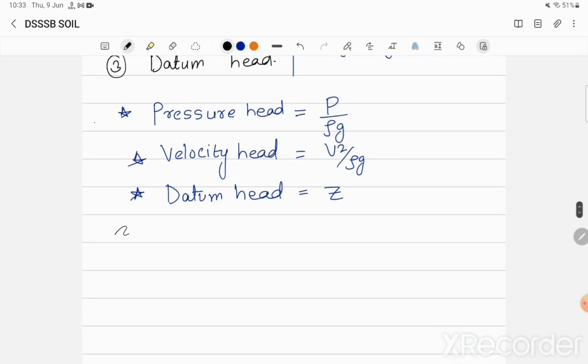In seepage, velocity head is negligible.